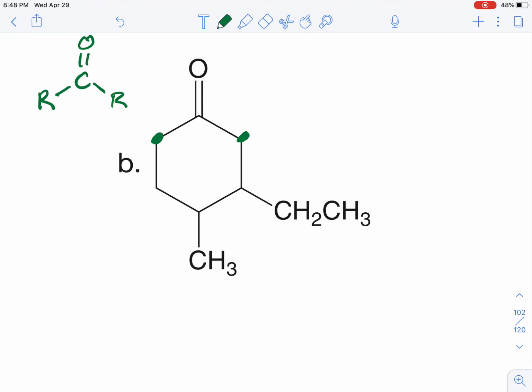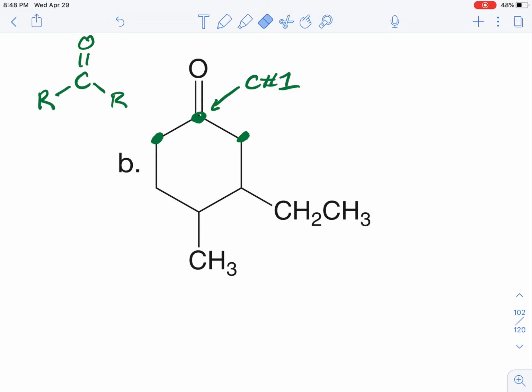And so very similar to cyclic alcohols and aldehydes, for cyclic ketones, wherever that carbonyl carbon is, that is going to be where carbon number 1 is located.